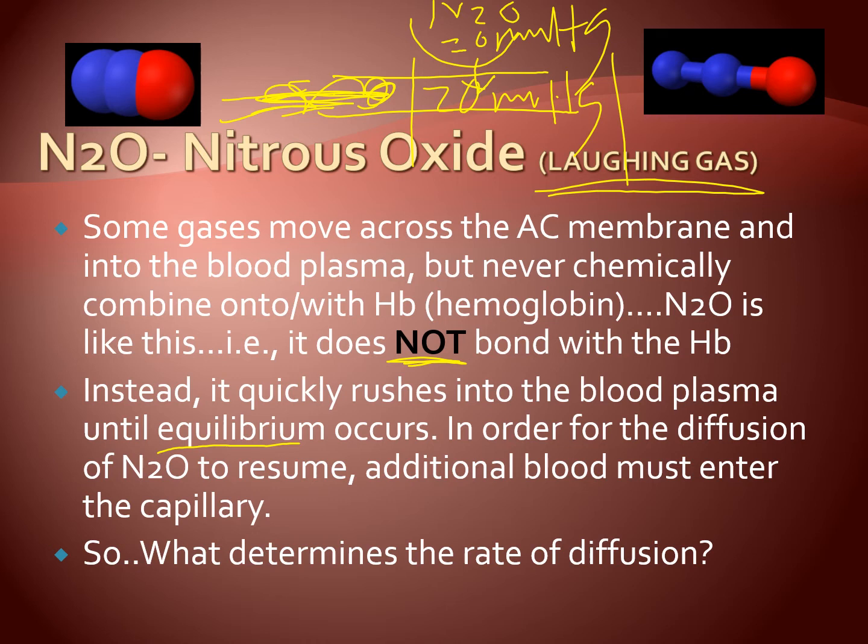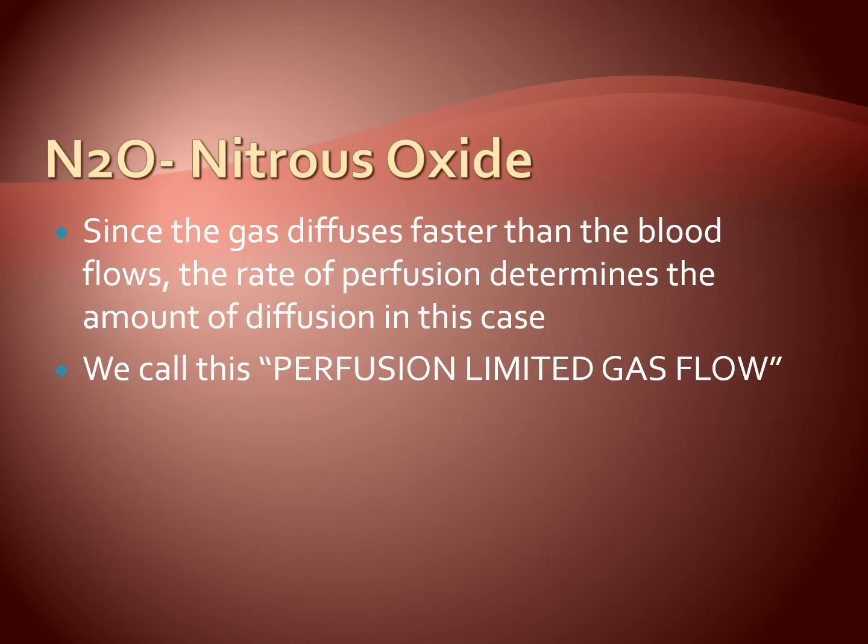So the only thing that slows down how much nitrous gets into the bloodstream is how much blood is perfusing past it. So what determines the rate of diffusion, right? Since the gas diffuses faster than the blood, the rate of perfusion, or how much blood is flowing past it, determines how much of that gas gets into the bloodstream.